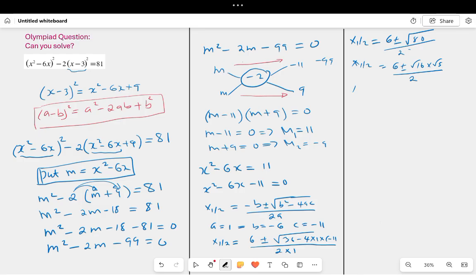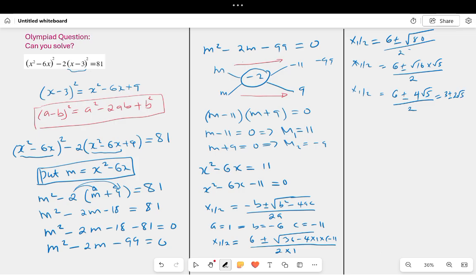So the first and second solution will be equal to 6 plus or minus the square root of 16, which is 4, then the square root of 5, because you know the square root of 5 is an irrational number. So divide by 2, and therefore the first and second solution for x, dividing 2 for both sides, we are going to have 3 plus or minus 2 the square root of 5.